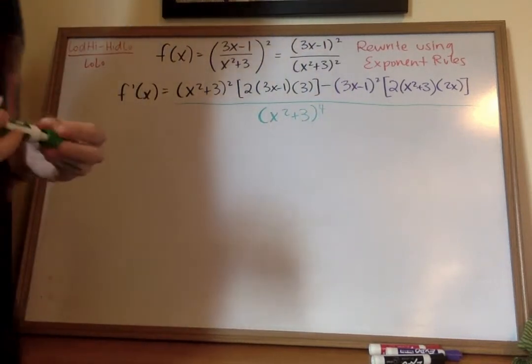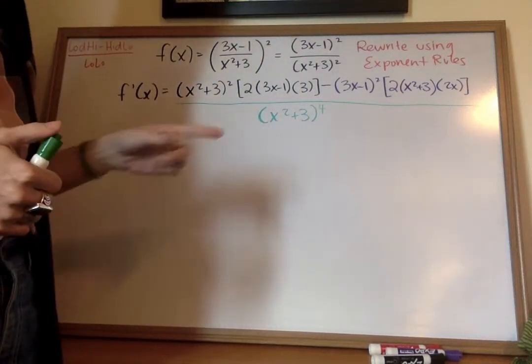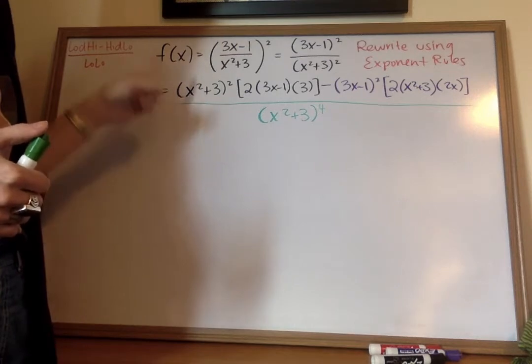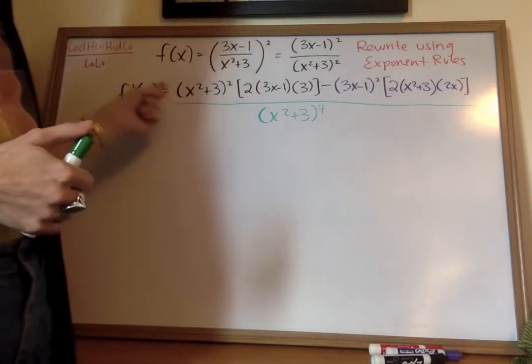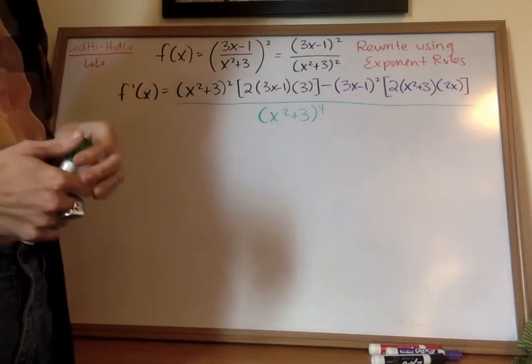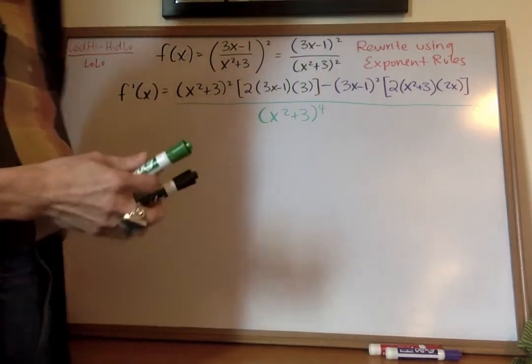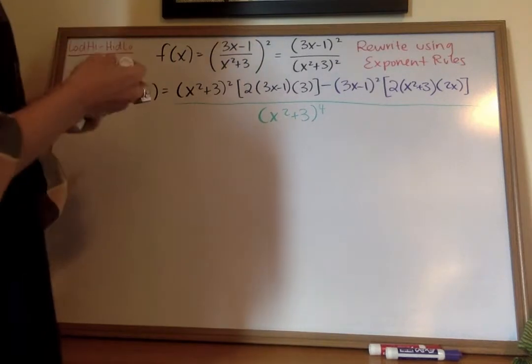Okay, so that is applying my derivative rules, both my quotient rule and my chain rule. As you can see from this crazy numerator that we have a lot of simplifying to do, and that is what we are going to do first, start simplifying that numerator.